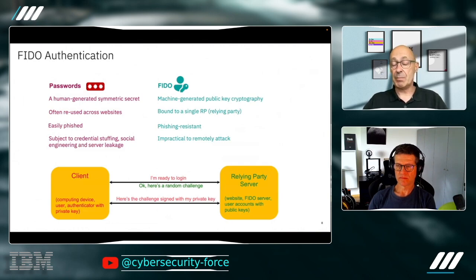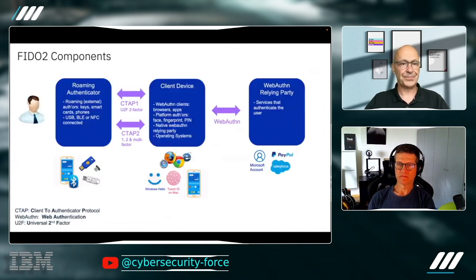And then the server side is simply going to verify if the user has the private key that belongs to the public key. And if that's the case, then all is good, all is happy, and the authentication is done, and the user can access the website. So that's how FIDO works in a nutshell.